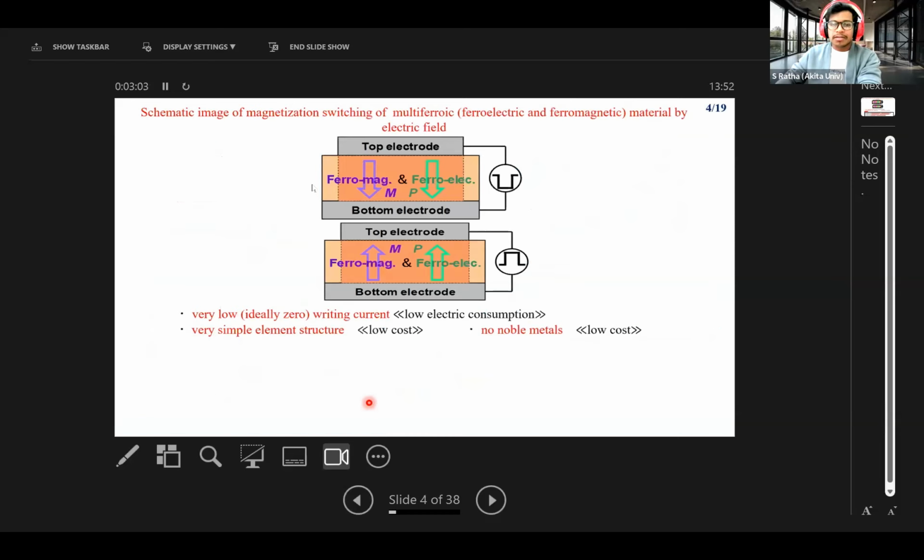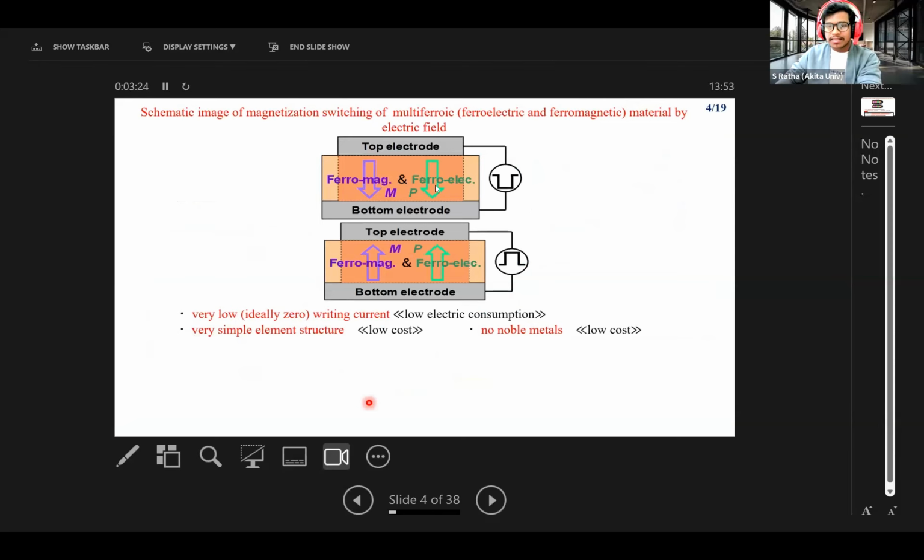So now I will say how we can use this material in devices. You can see the pink part represents the multiferroic thin films, and these are electrodes. As I said, the ferroelectric property and ferromagnetic property are interlinked. That is, the ferroelectric vector and ferromagnetic vector have a good relationship inside the multiferroic thin films.